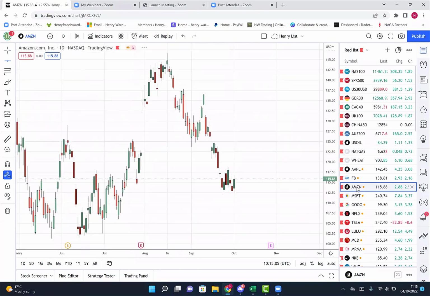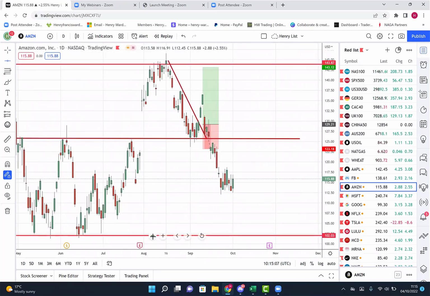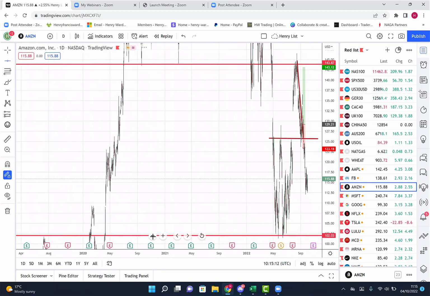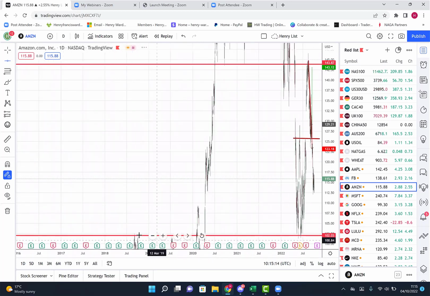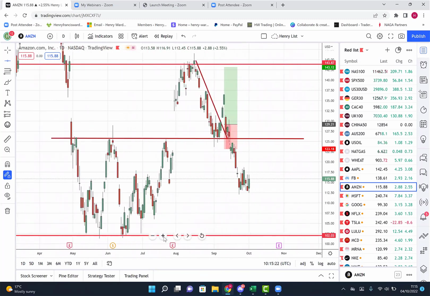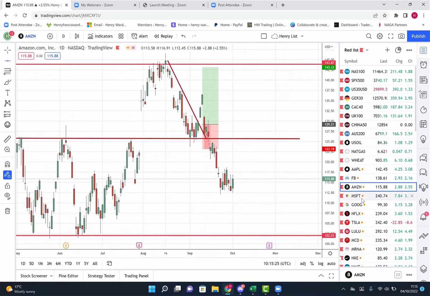Amazon. Doesn't look like Amazon's in a particularly strong area. We had one sort of rejection there, but it's not good enough for me to draw a level in there. So not really on Amazon.